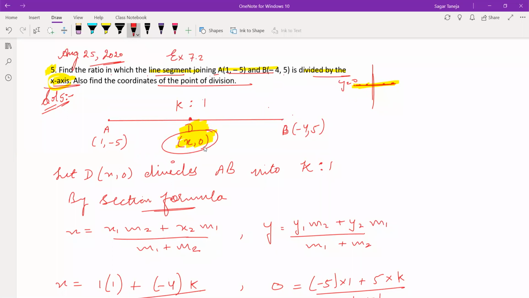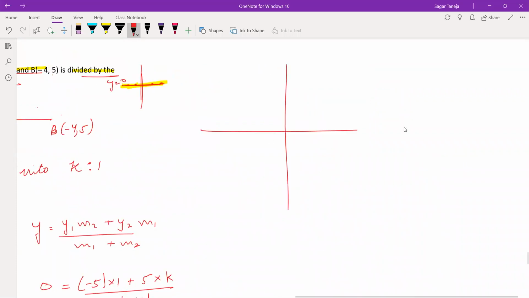If a point is lying on the x-axis, then the coordinates are always x comma 0. See this? On the Cartesian plane, if a point is lying on the x-axis, suppose this is 1, this is 2, this is 3, then what are the coordinates of this 3? Here we have the value of x as 3, but the value of y as 0. Here, this also is 2 comma 0, this also 1 comma 0.